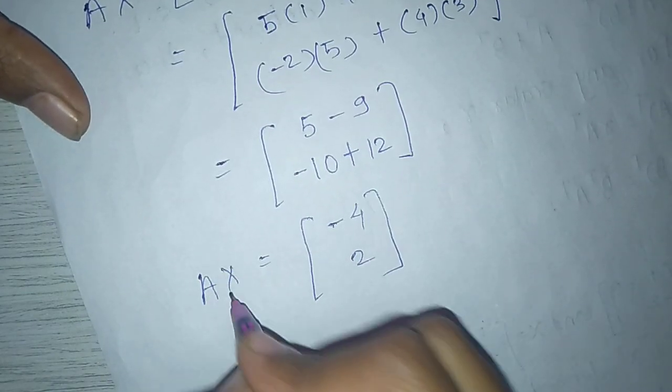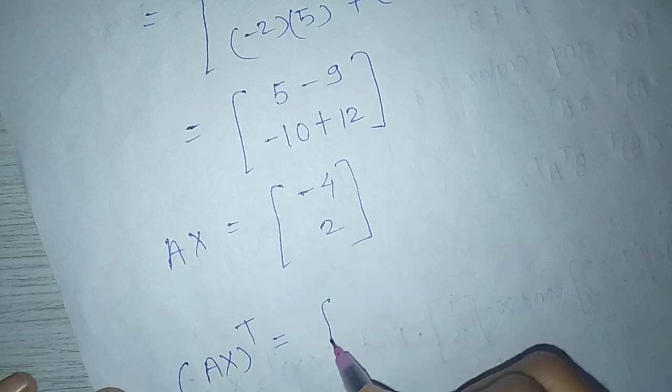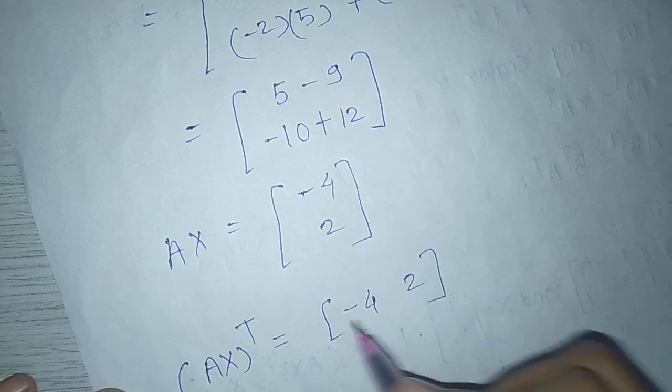A into x equal to minus 4, 2. Now calculate A into x whole transpose, we get minus 4, 2.